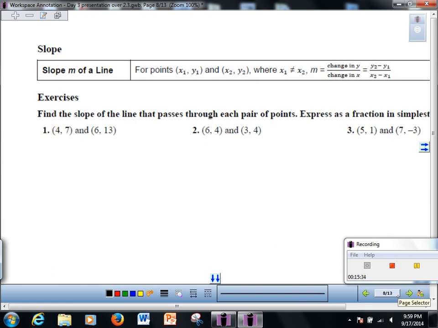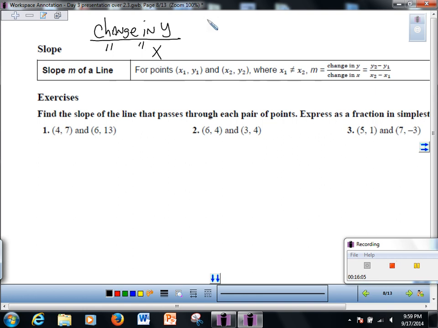If you would now, flip over to the other side and let me talk to you about slope. Slope is simply, we did it over and over and over on the last few problems that we did. Slope is simply the change in y over the change in x.